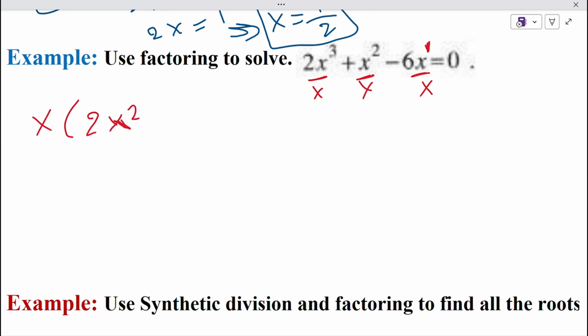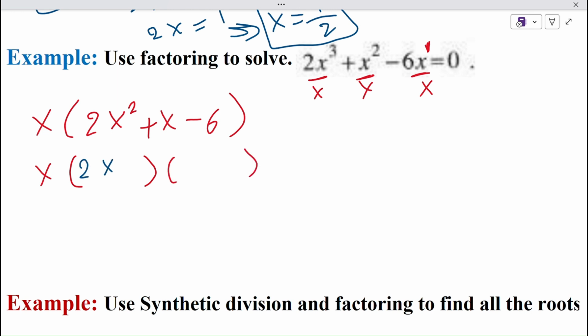Then plus x, minus 6. Again, we have to factor it. Put down this x. Then open two brackets. One of them has 2x here, the other has x here. Okay.